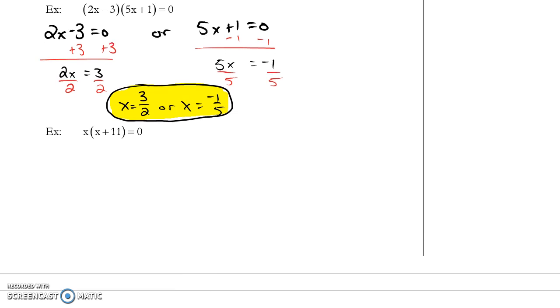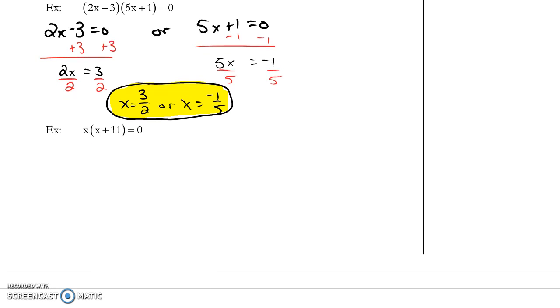This last example on this page is not really any different. It looks a little different because it's not binomial times binomial. It's monomial times binomial, but it's still multiplication. Don't distribute. When I'm asking you to solve, I'm not asking you to distribute. I still have a times b equals 0.